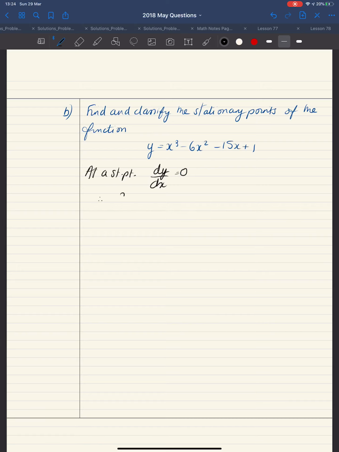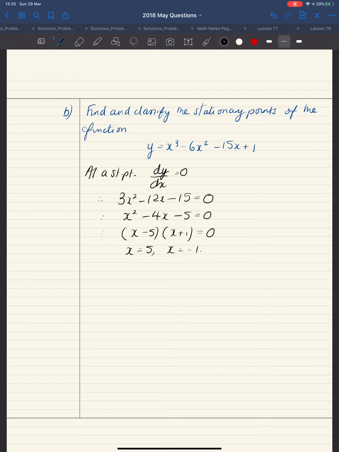So therefore 3x squared minus 12x minus 15 is 0. Then I observe that all these terms will divide by 3. X squared minus 4x minus 5 is 0. And then this will factorise. So x minus 5, x plus 1 is 0. So we've got x is 5 or x is minus 1.